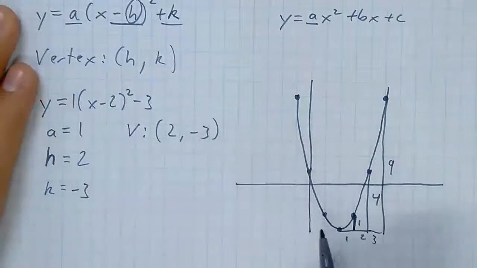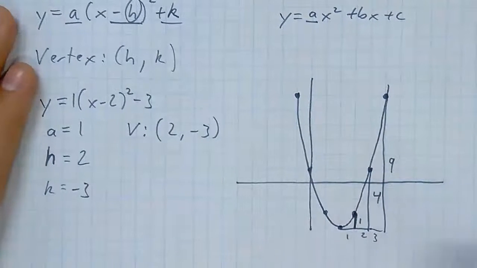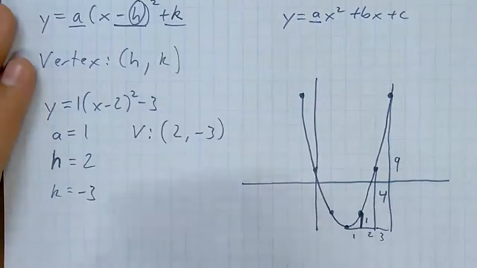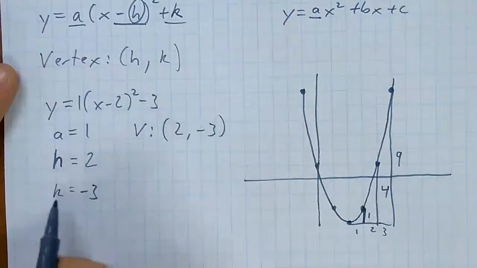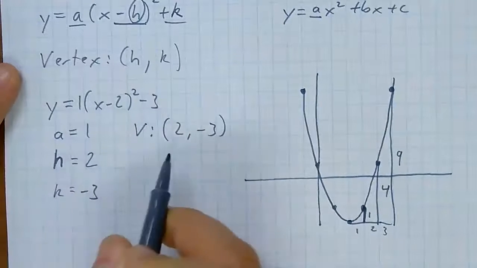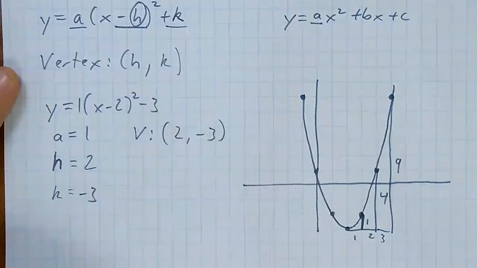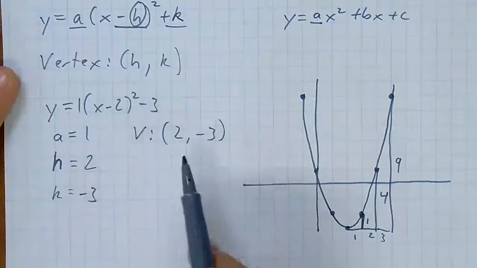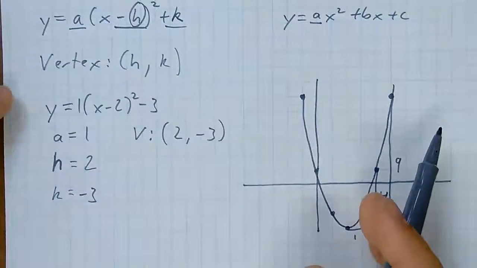That a value just manipulates how much taller it is. We'll see that again here in a minute. The key thing here is identifying h and k, because if we know h and k, we know our vertex. That's one big advantage of vertex form over standard form. We know the vertex just by looking at it. We don't have to calculate anything.